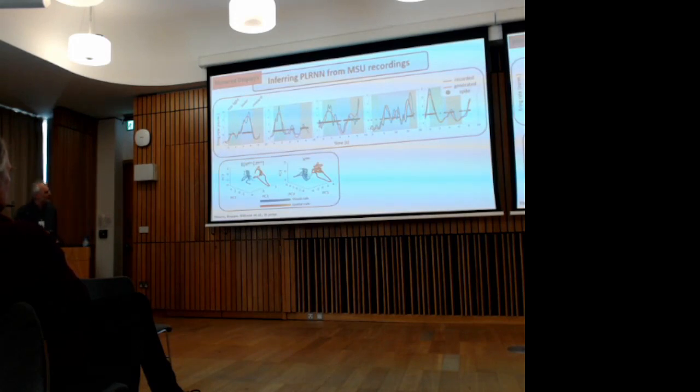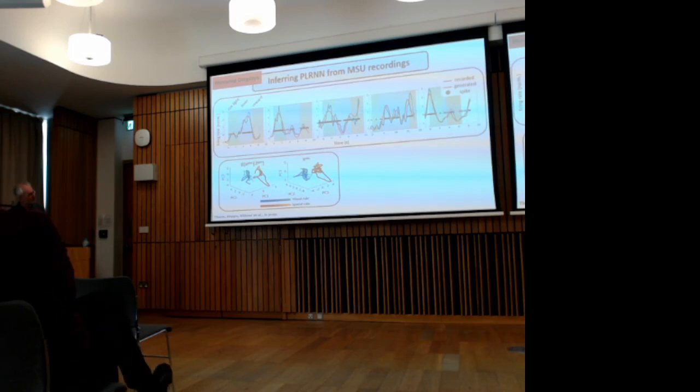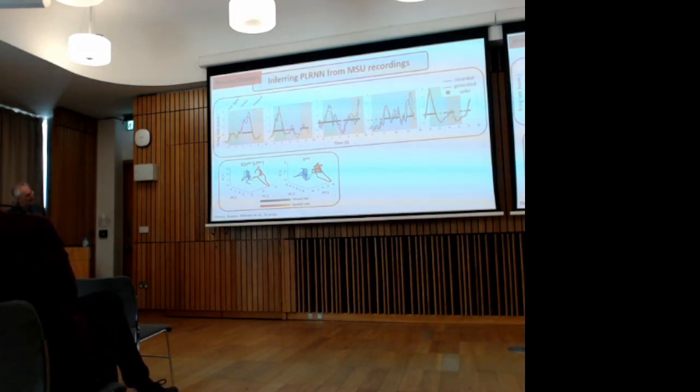This is another example where, these are single units. Here we have population activity, which we project into lower dimensional space, and color-coded the trajectories across trials for the different rules, and it again shows how well the trajectories generated by the recurrent network agree with those observed in the real data.